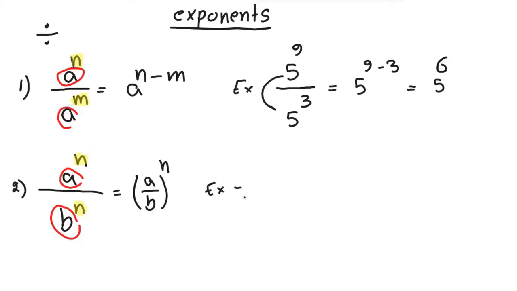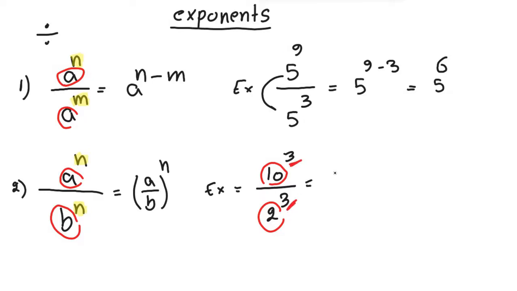A numerical example is 10 to the power of 3 divided by 2 to the power of 3. Sorry, I said 15, I wrote 10, no problem. Here the bases are different and the powers or exponents are the same.